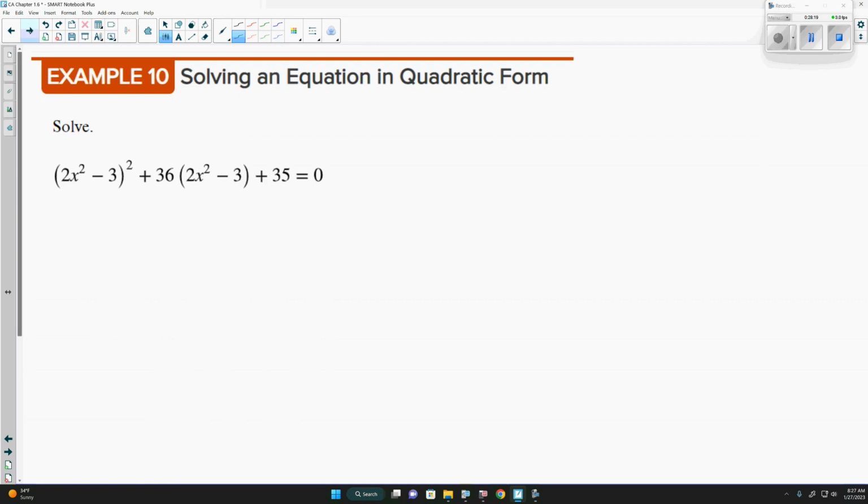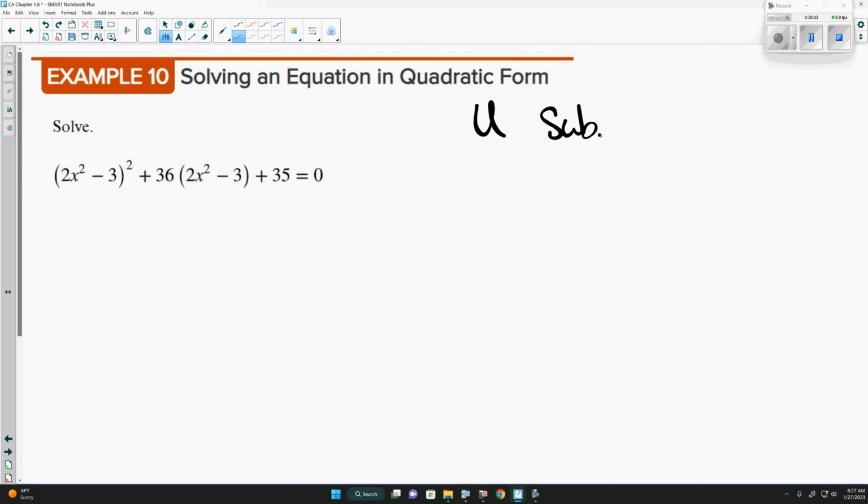Okay. This one here is going to apply one of the most useful things that you can have in solving. Now, this seems like it's something that's going to be crazy to try to solve. And this thing is actually factorable. Now, the way we do this and solve this is something called U substitution.